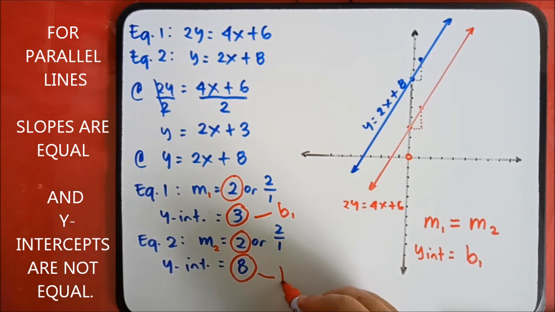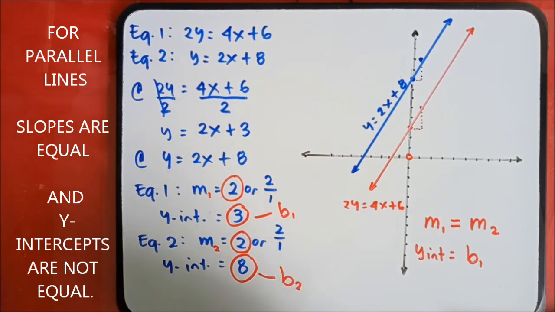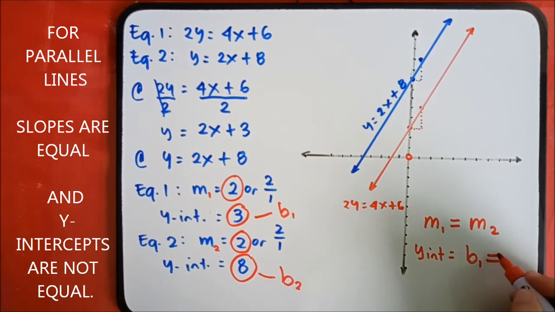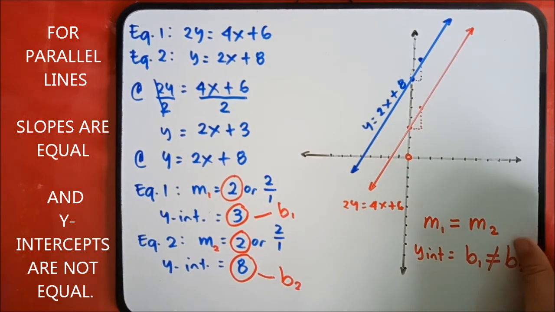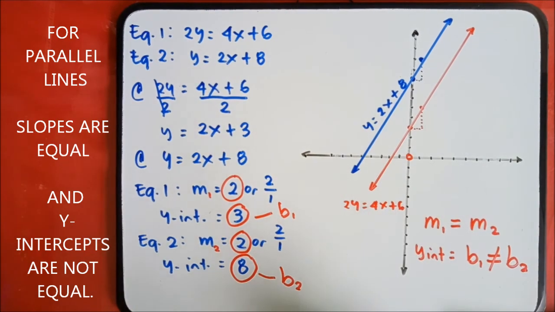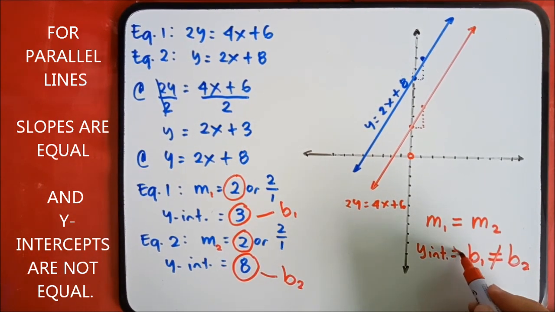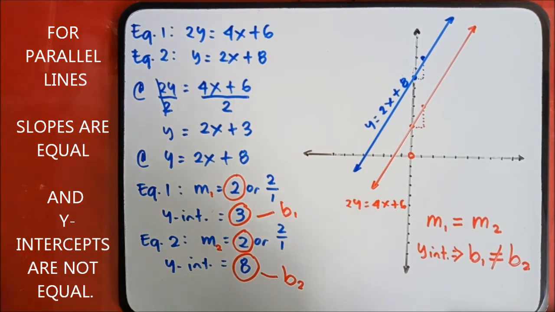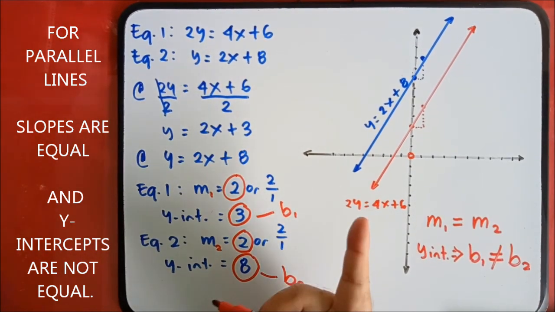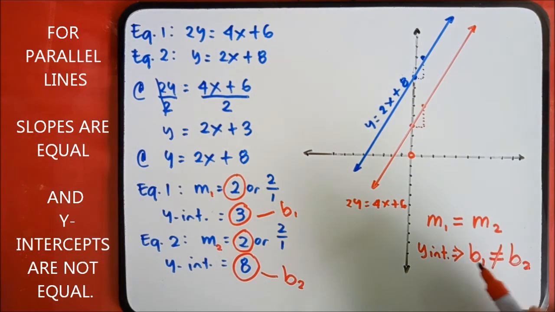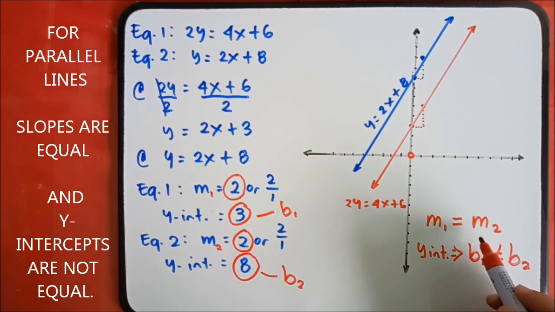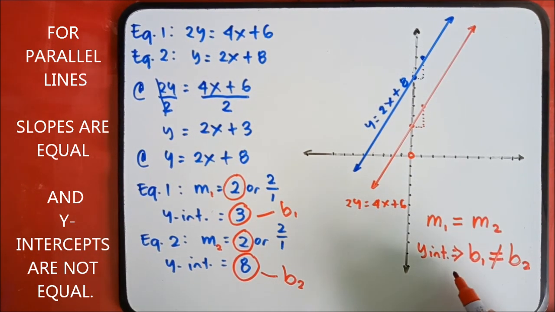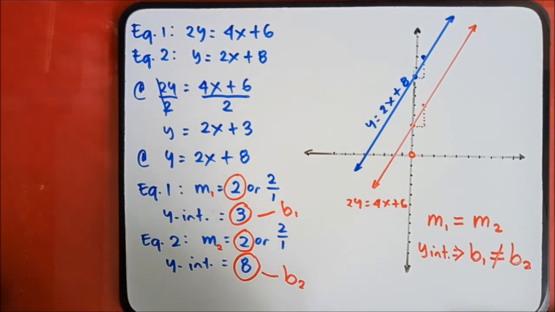This is our b sub 2. b sub 1 is not equal to b sub 2. So, for the lines to be parallel, your slopes must be equal and your y-intercepts must not be equal. Okay, that is our first case.